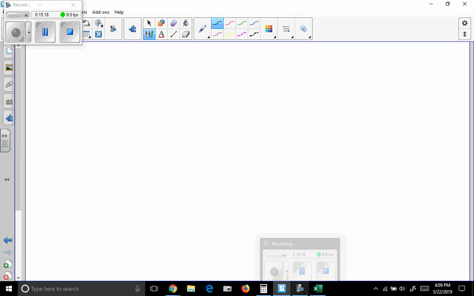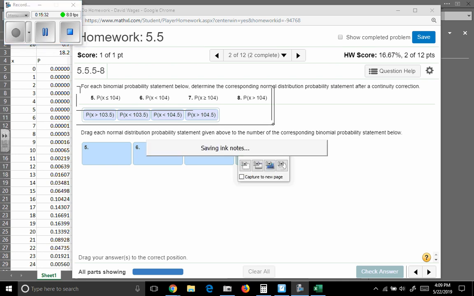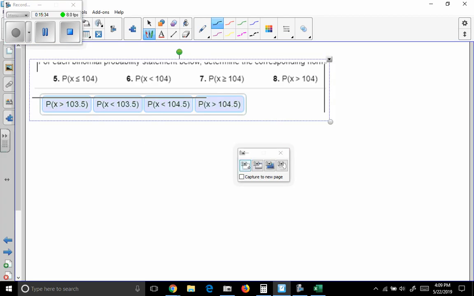So if we look at our example, let's copy these. We're going to find out which one of these go together.